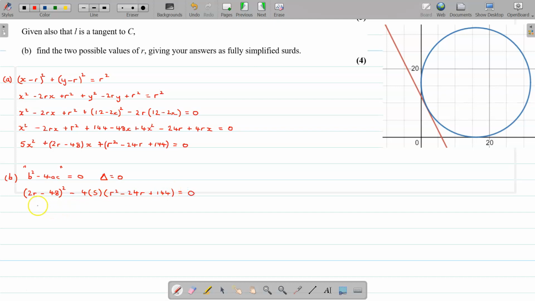Now if you expand that out and simplify it, I'm just going to jump a step there to save a bit of time. But if you work on that and simplify it, you get minus 16 r squared, plus 288r, and finally minus 576, equaling 0.